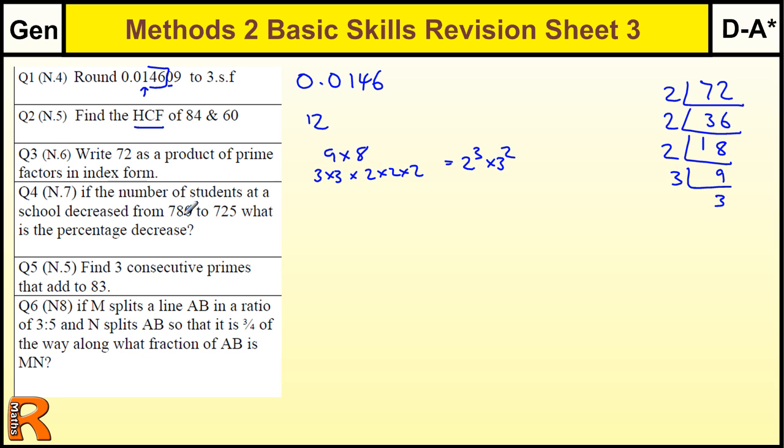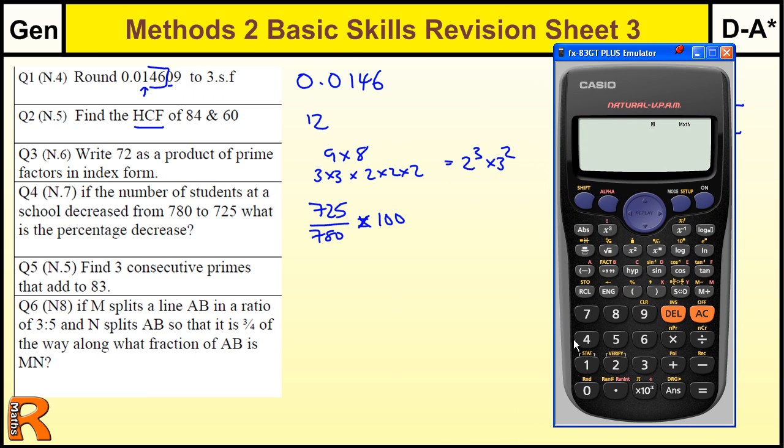Finding the decrease from 780 to 725. What's the percentage decrease? Well, if we work out what percentage 725 is of 780, which is times that by 100, then that will tell us what percentage it is, and then we can work out the decrease. So 725 over 780 times by 100.